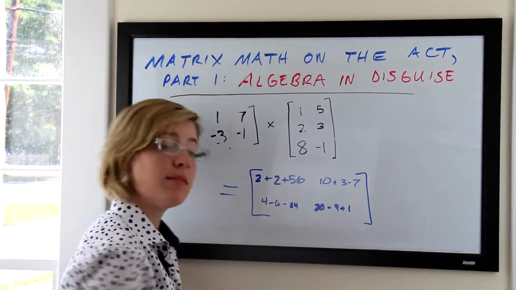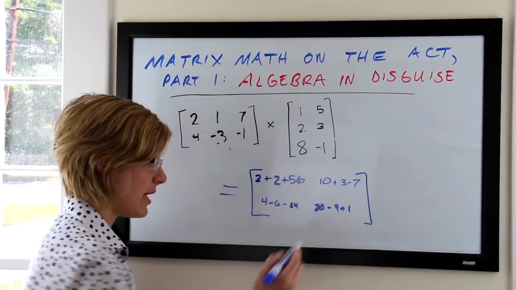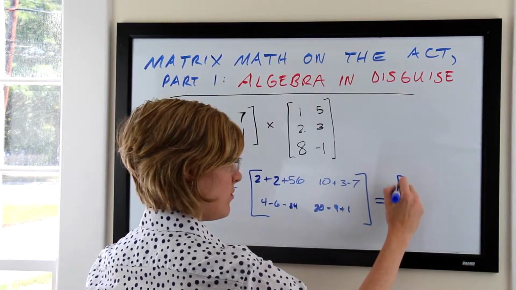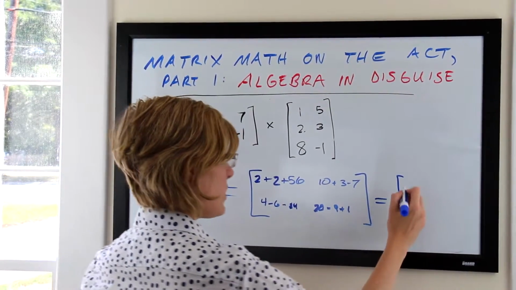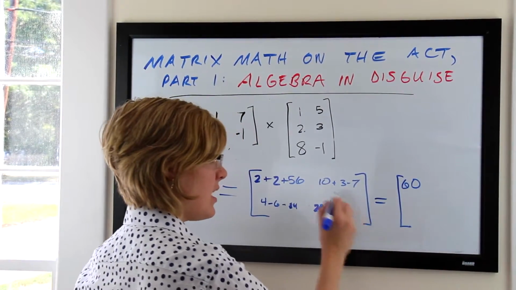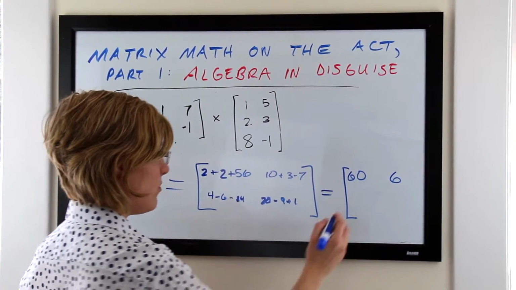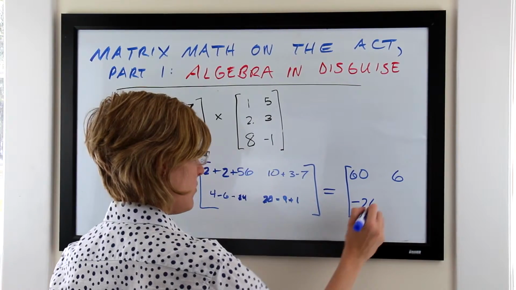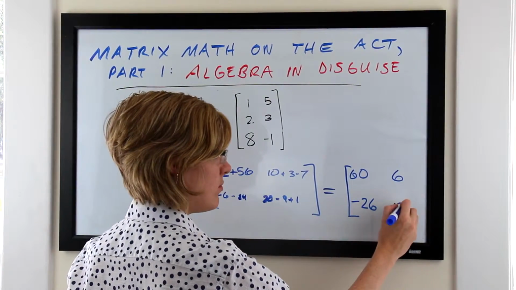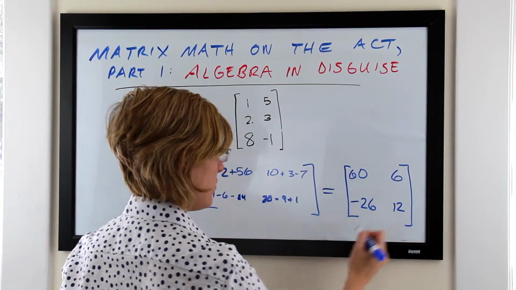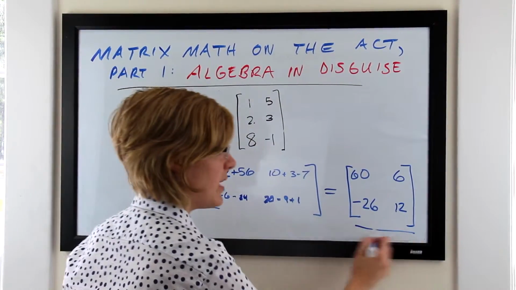We're going to go ahead and simplify to get our resultant matrix. 60, then 13 minus 7, and then negative 2 minus 24, and then 11 plus 1. This is our final matrix.